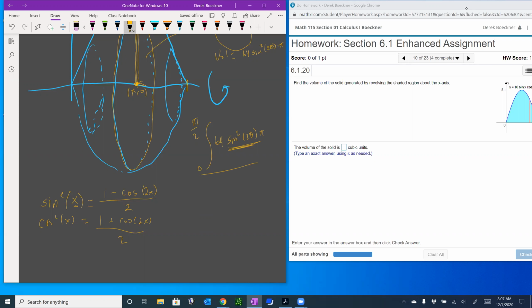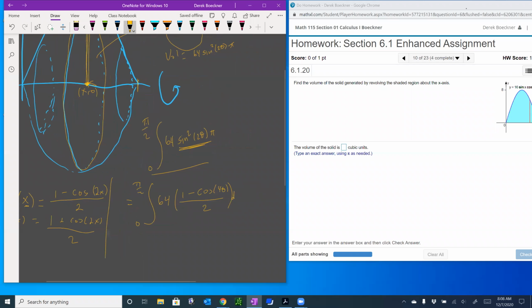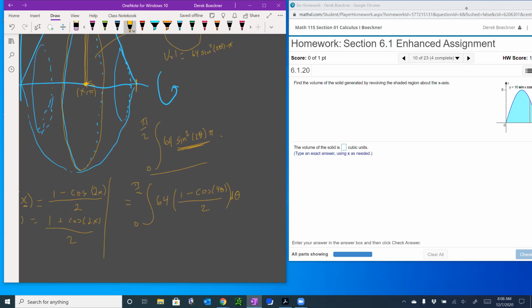And this whole thing then is going to equal the integral from 0 to pi over 2, 64 times 1 minus the cosine of 4 theta over 2 d theta. I didn't put in a d theta up here, but I need a d theta up here, and I need a pi, right? Got the pi.